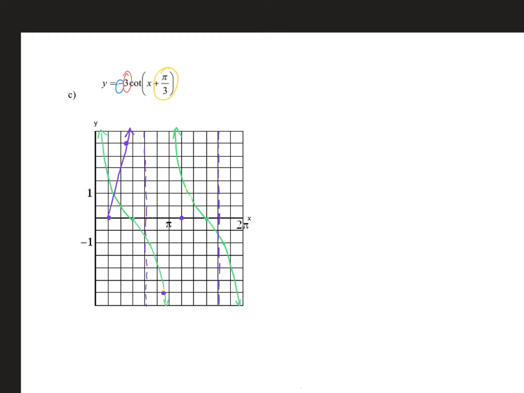Now, depending on comfort level, if we are really confident that this point that I just transformed was accurate, then I'm going to use the fact that my cotangent curve is symmetrical around its zeros to get my other one. I can tell that if I went pi by 4, I would then go down 1, 2, 3 units.